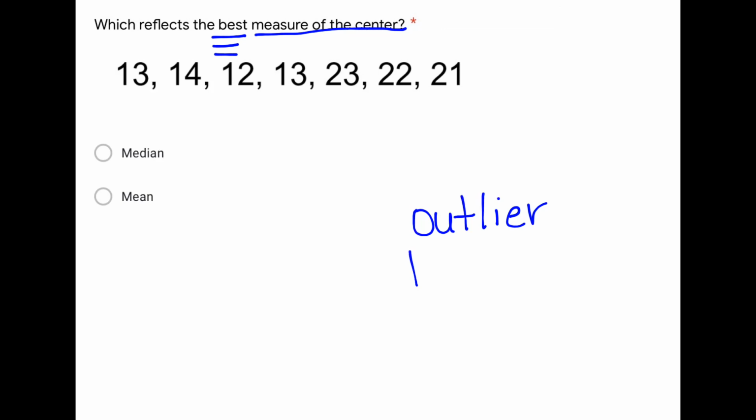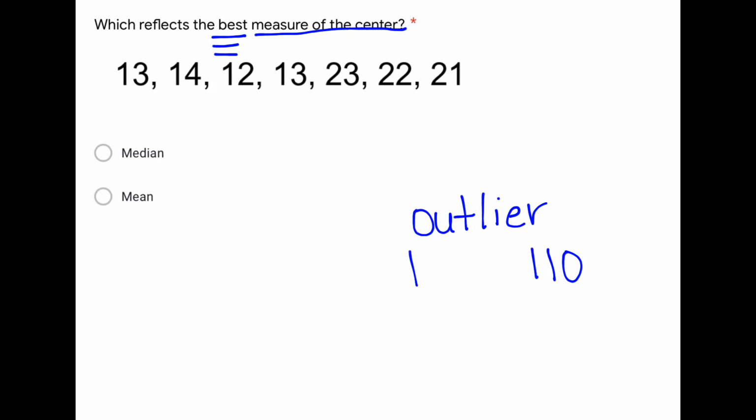Most of these numbers are pretty close to one another. Or if we had 110 in this data set, that's an outlier. That is completely random from the rest of the numbers in this data set. That is typically when we would choose the median. We would want to choose something that is in the middle.